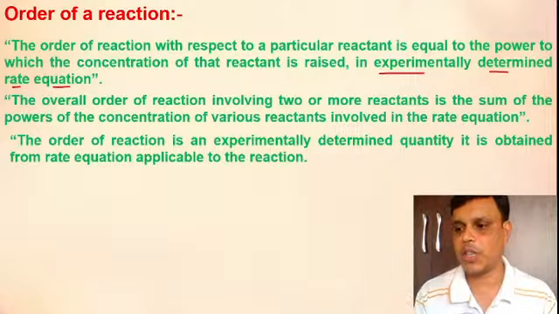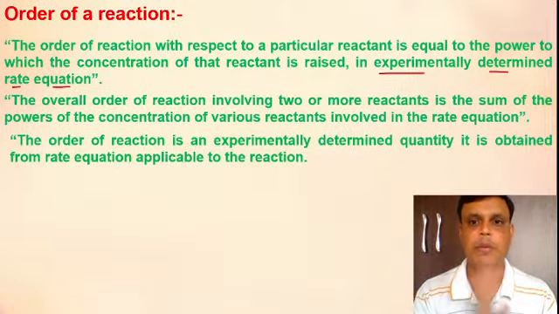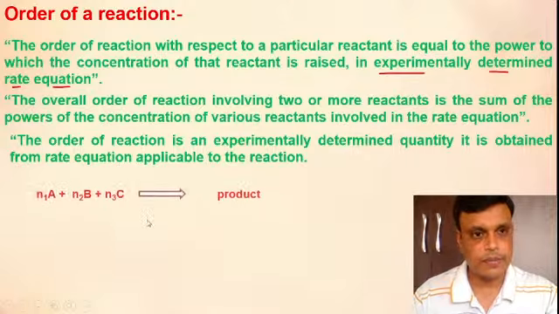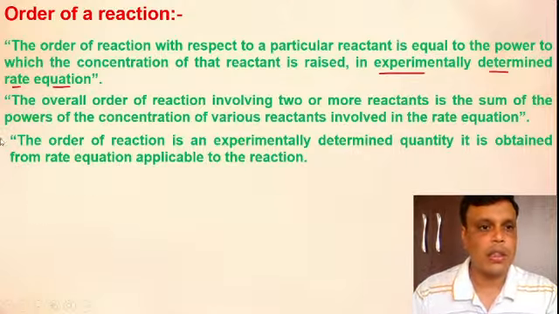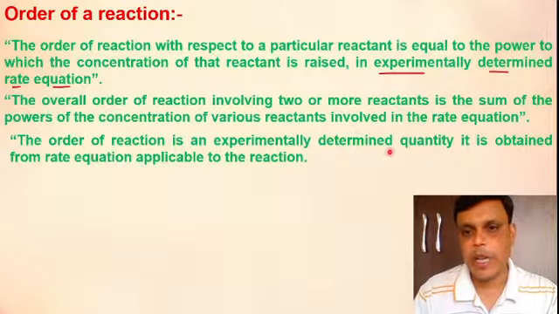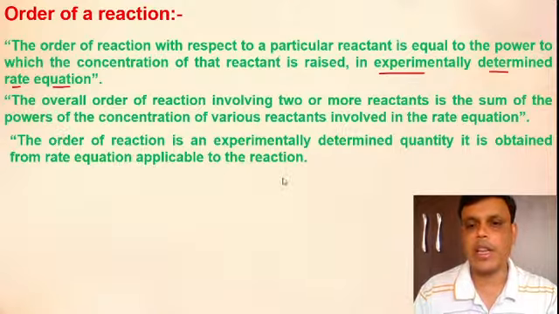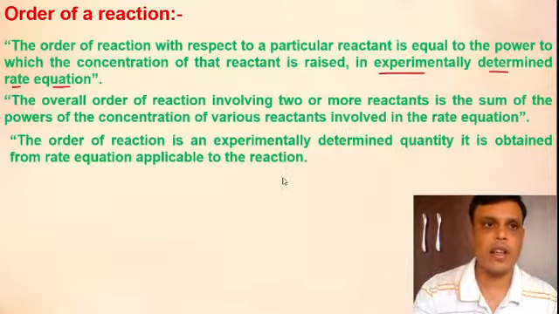So the order of reaction is an experimentally determined quantity. It is obtained from the rate equation applicable to the reaction. Okay? So this is the order of reaction.